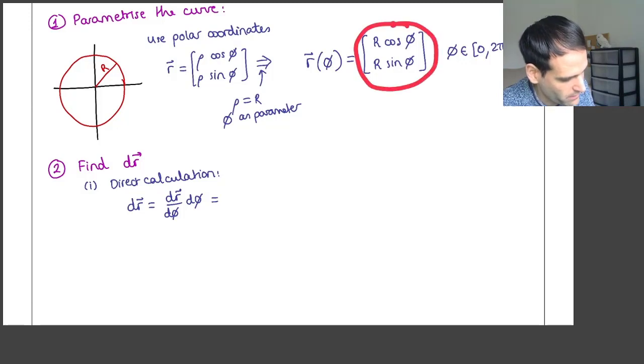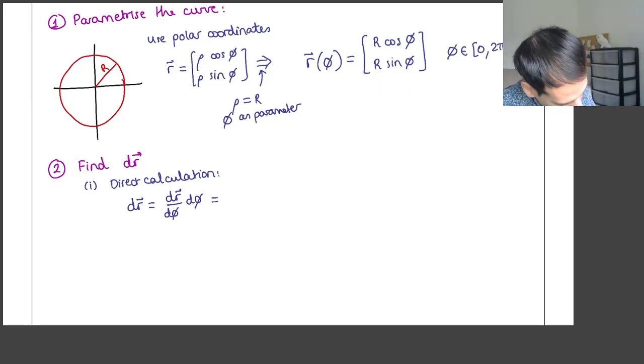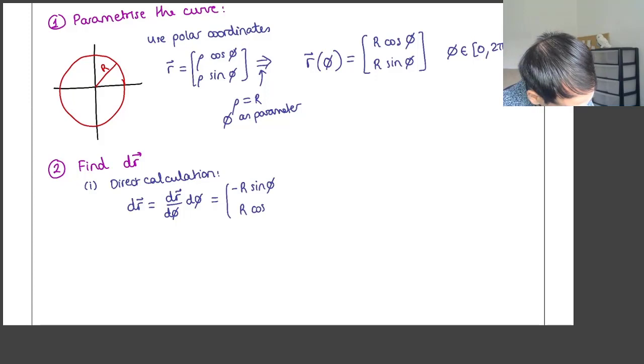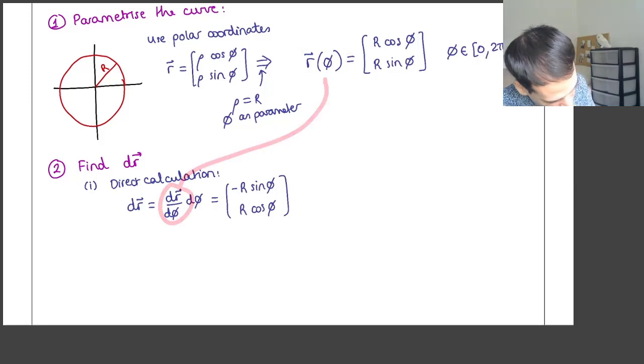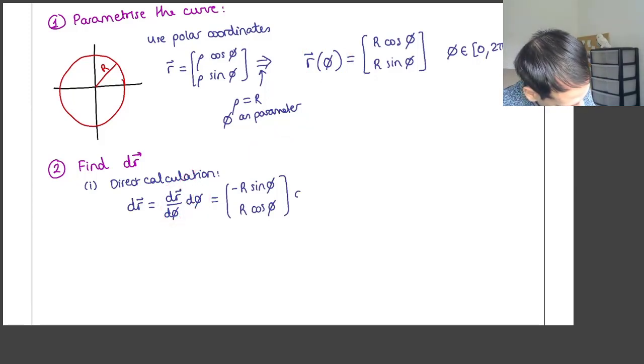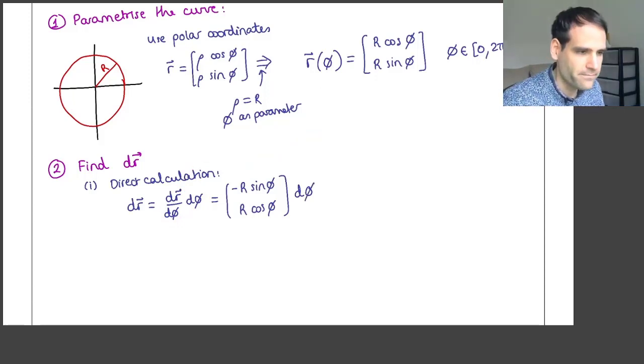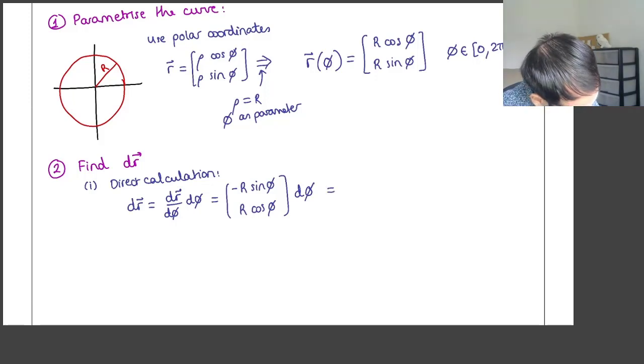We do the derivative and we get minus r sine phi and r cosine phi. Then we multiply times d phi, don't forget about that. So that's our differential dr, which we can write as r times minus sine phi, cosine phi, d phi.